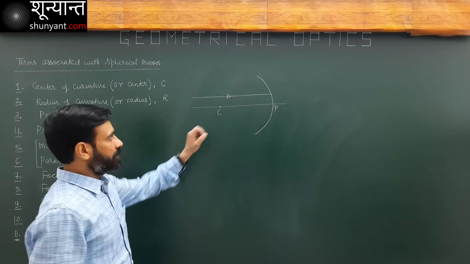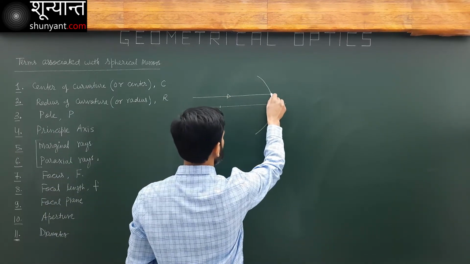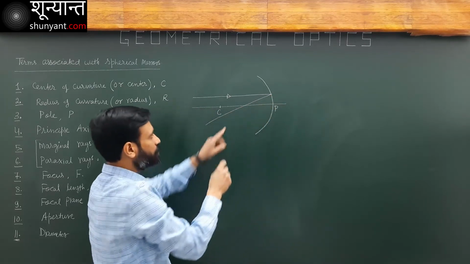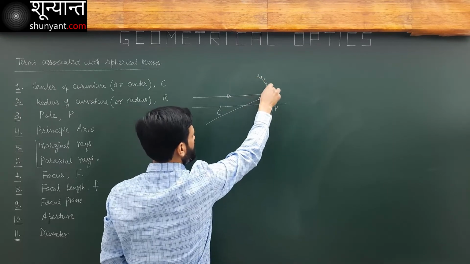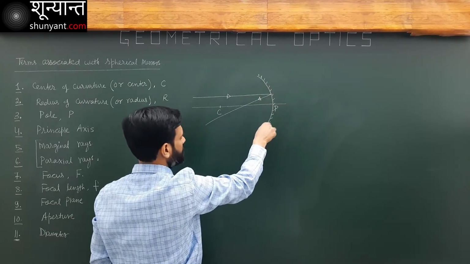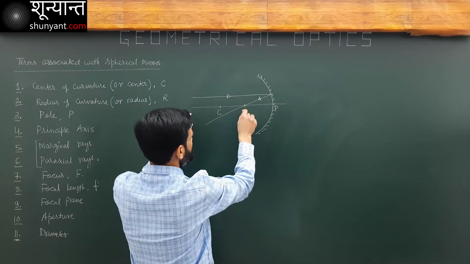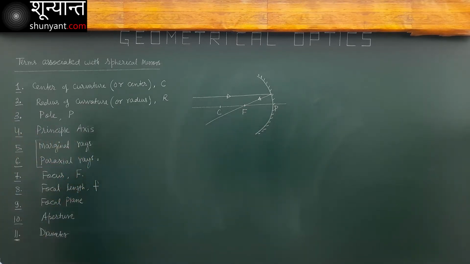This light ray after reflection meets the principal axis at this point here. This point is known as focus, capital F for focus.